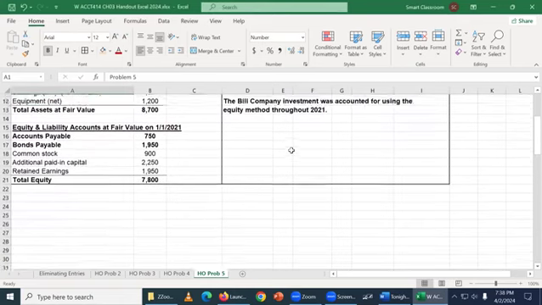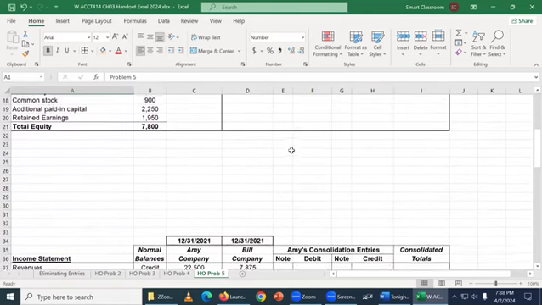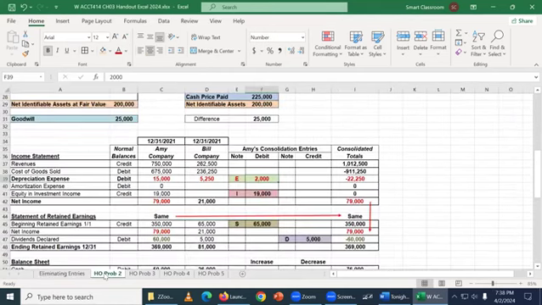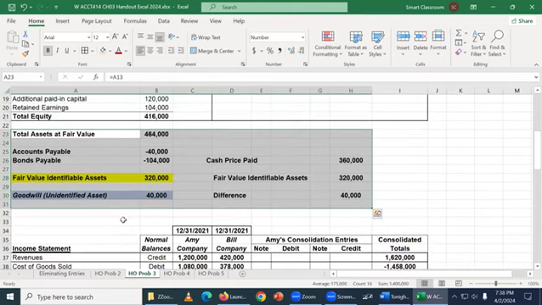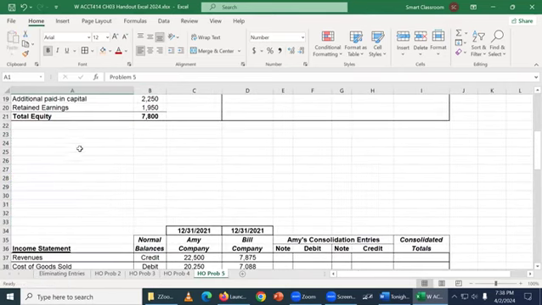Okay. I'll do this one from scratch. Okay, so let's see here.